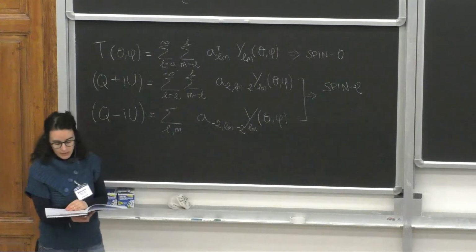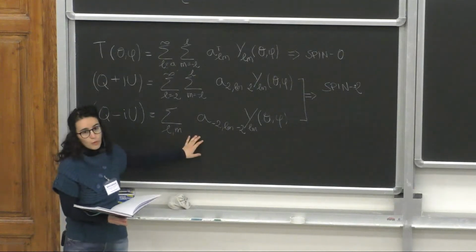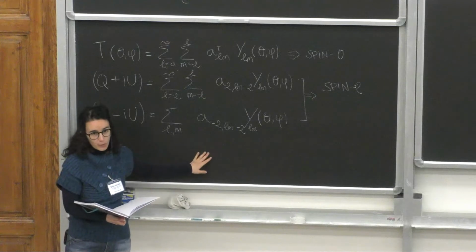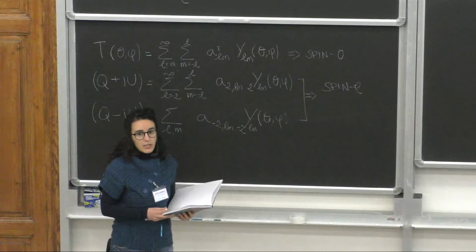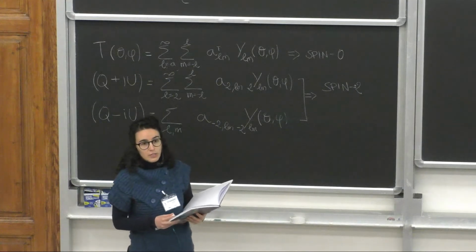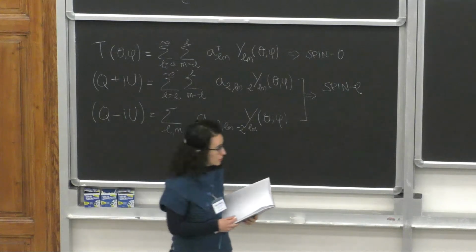And we can do that by using the properties of the spin-2, or in general of the spin-weighted spherical harmonics, which are represented by two peculiar operators. They are the so-called spin-raising and spin-lowering operators.